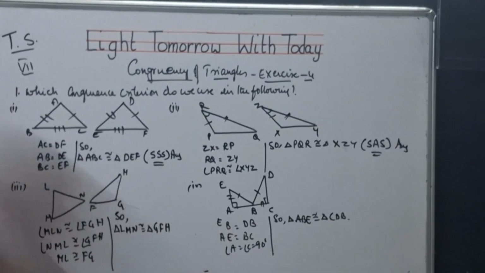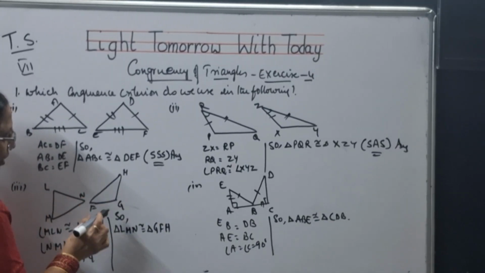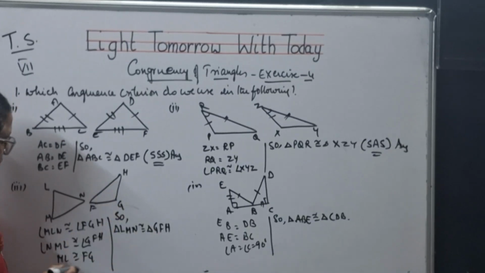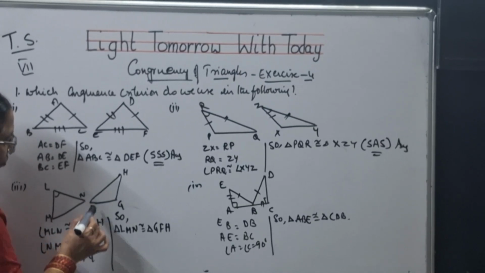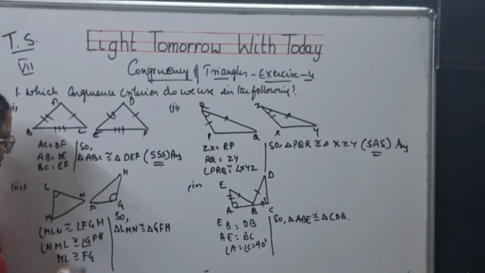Now third bit. We have got two triangles LMN and GFH. Angle MLN, this angle, is equal to angle FGH, this angle.